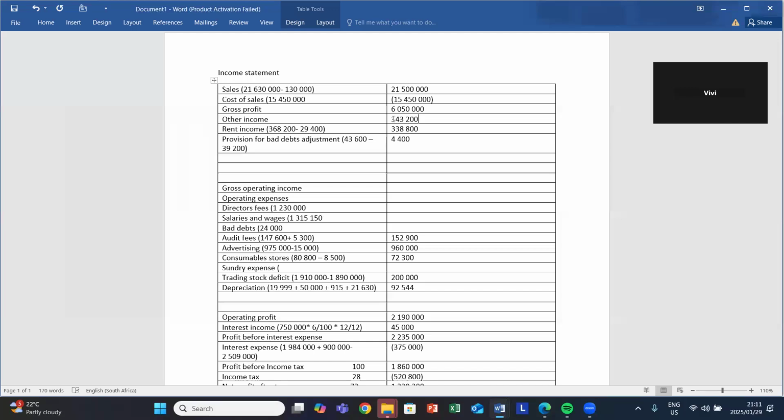And then we can get our gross operating income. How can we get gross operating income? By saying gross profit plus other income. Let's add them.